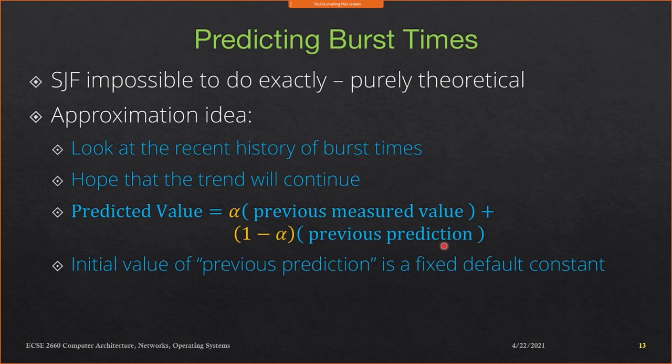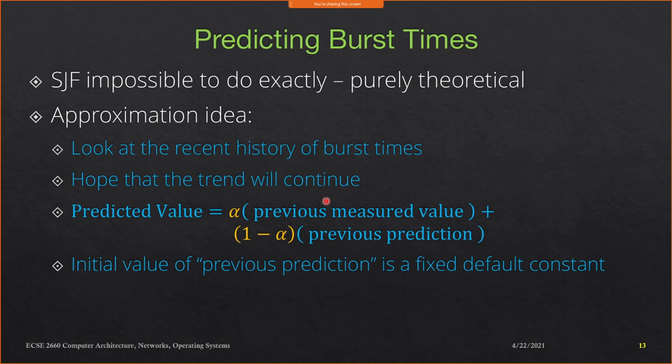Alpha is a value between 0 and 1. If it is 1, then the expected value is based totally on measured, hard data: no history, no prediction, just hard data.